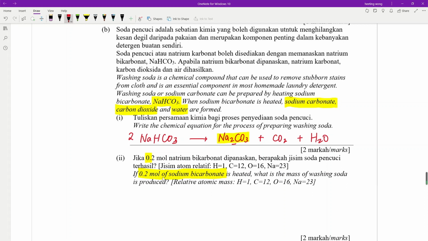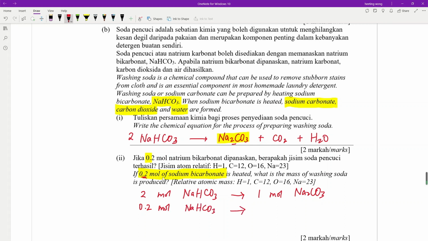Here remember you have to do the mole ratio. From the equation, 2 mole of sodium bicarbonate produces 1 mole of sodium carbonate, that is the washing soda.